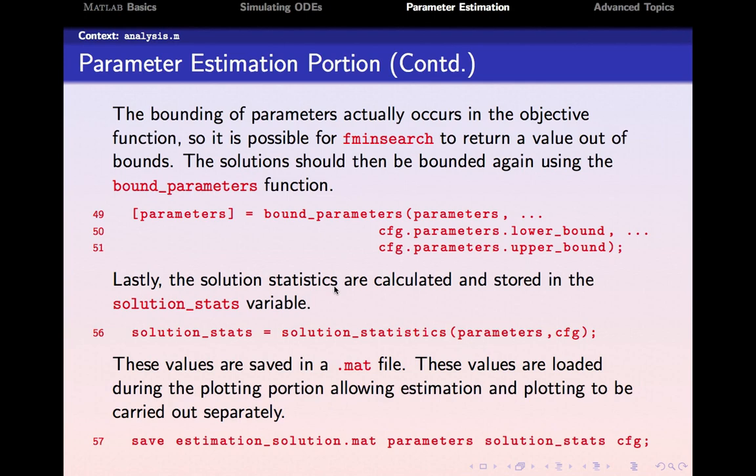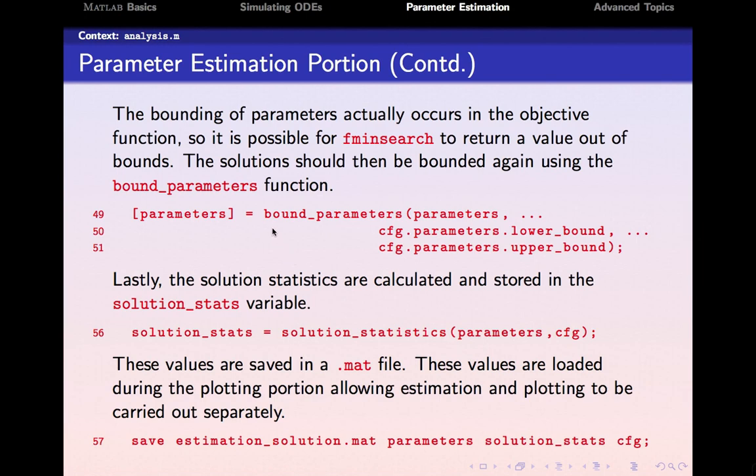Even though fminsearch can send in values that are beyond the bounds of your parameters, they're never evaluated beyond those bounds. But because of this, fminsearch can return values of your parameters beyond the bounds. As a result, you need to rebound your parameters after fminsearch gives you the values.